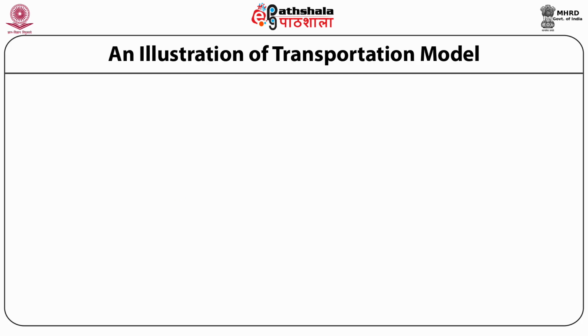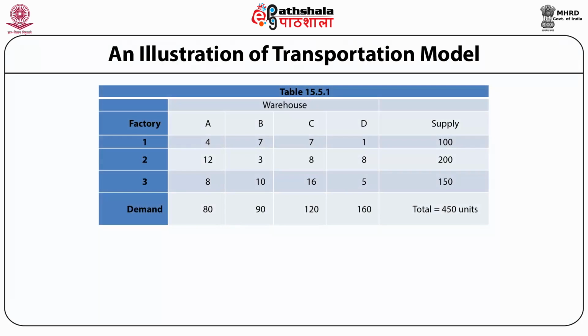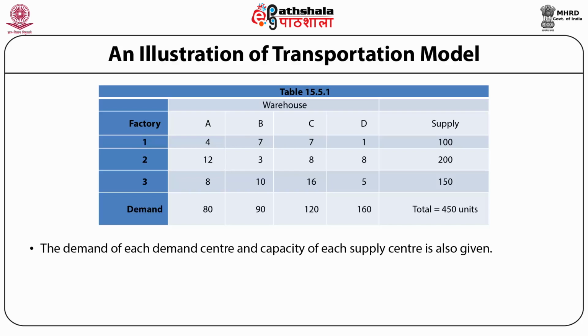This slide illustrates an example of the transportation model. The data in the following table gives information about the transportation cost of a product being transported from any of the given three supply centers to four demand centers. The demand of each demand center and the capacity of each supply center is also given.